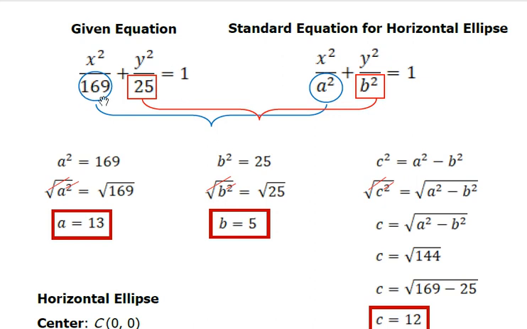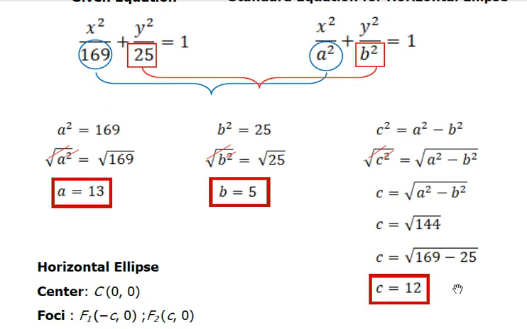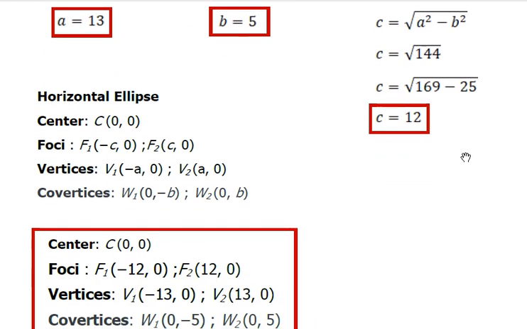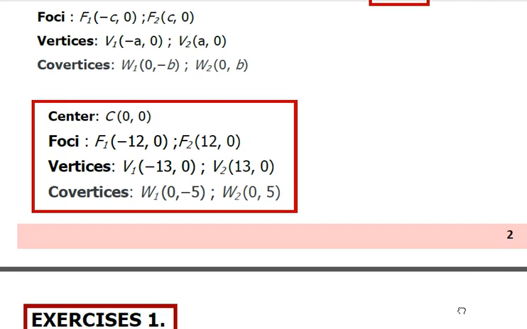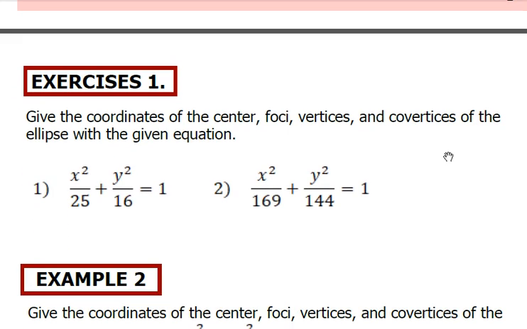And take note, 169 is bigger than 25. So this will be our A squared, and B squared is 25, giving us A equals 13 and B equals 5 respectively. And when A and B are already known, we can find the value of C. This is all for the horizontal ellipse. The same analysis will be done later for the vertical ellipse.